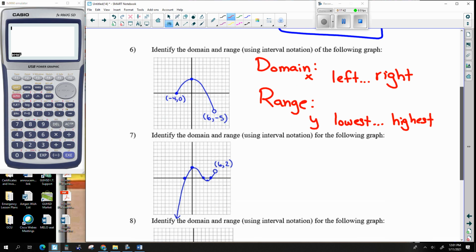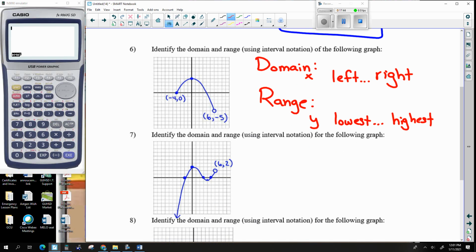All right, so looking at this picture, what's the leftmost thing that we have? Here is the leftmost thing that we have. And so what is the location as far as the x's? What is the leftness of that point? -4 is the leftness of that point. So -4. Okay, and what is the rightmost?